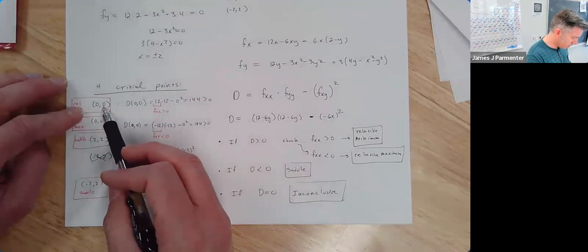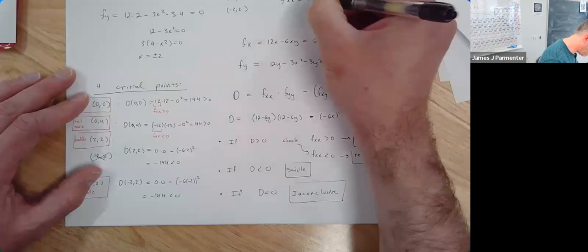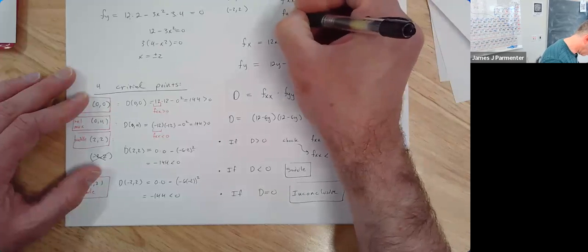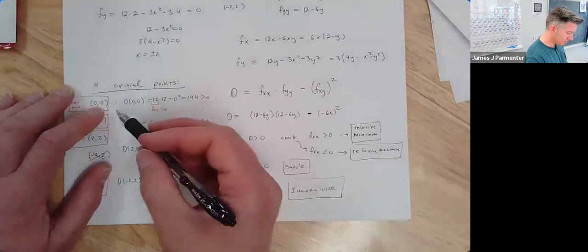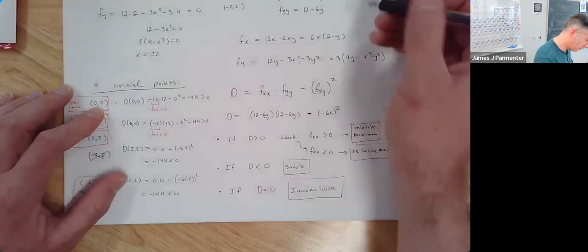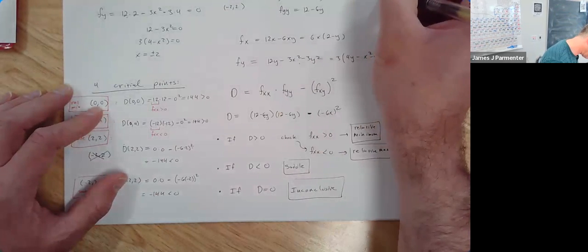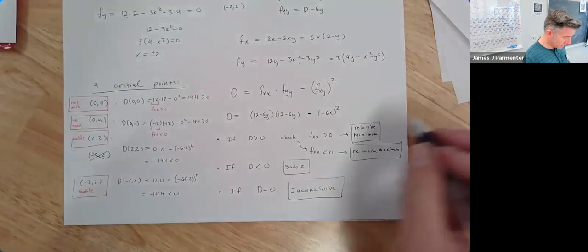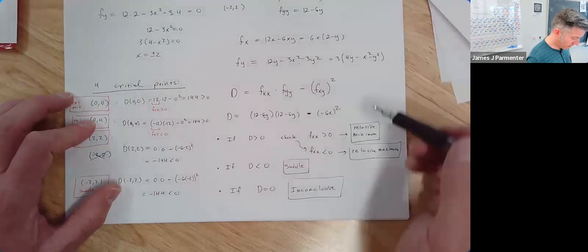If you plug in 0, 0 to, let me write down to remind you, fxx is 12 minus 6y, fyy actually happens to be exactly the same, which is not always true. If you plug in 0, 0 there, you're going to get a positive. So fxx at 0, 0 is just 12, which is positive. And if D is already positive and then either second derivative is positive, we have a relative minimum.